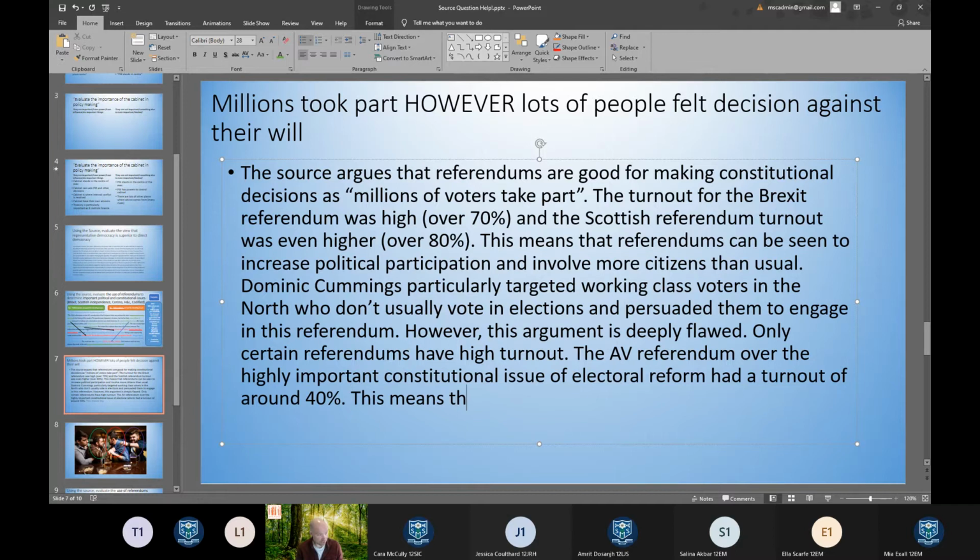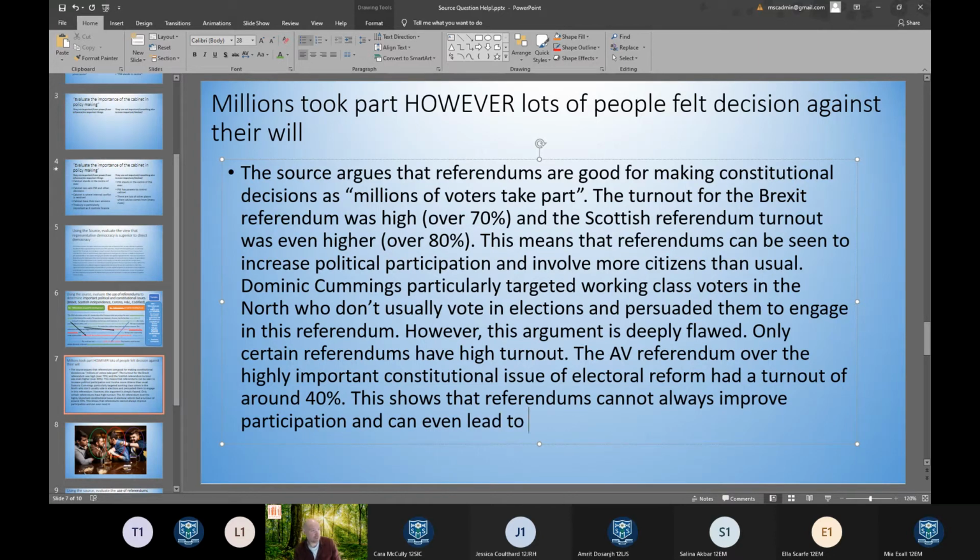This means that this shows, so imagine Mrs. McNally saying, so what? This shows that referendums cannot always improve participation and can even lead to, how could I expand this?